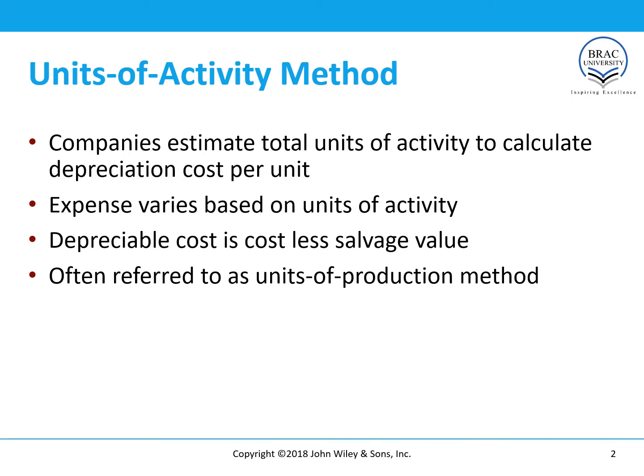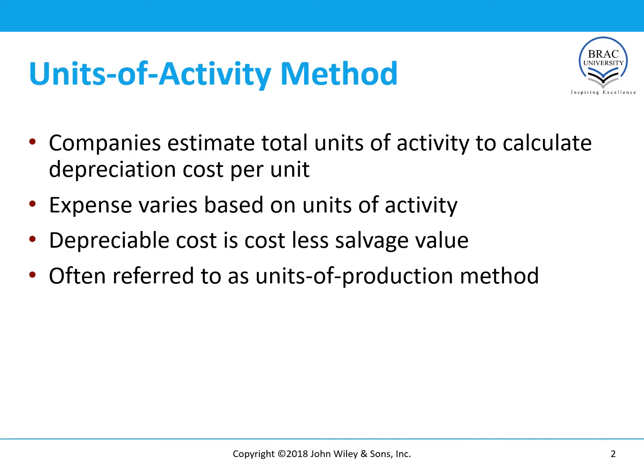After getting the depreciation cost per unit, for each year we have a certain number of units of activity that will be completed by the plant asset. So we multiply the number of units produced by that plant asset with the depreciation cost per unit in order to get the annual depreciation expense for that year.